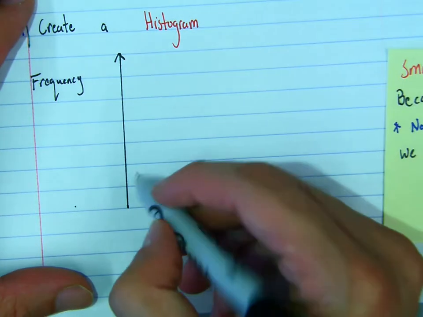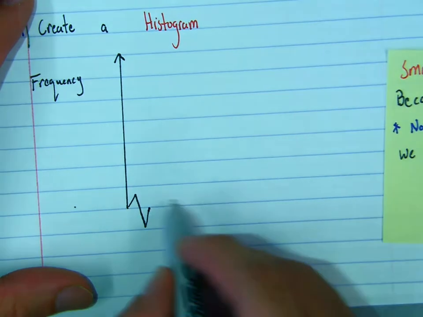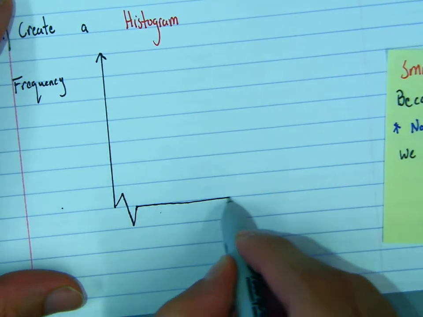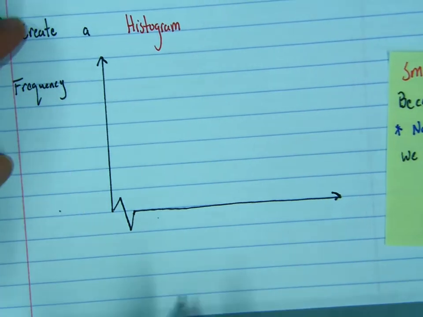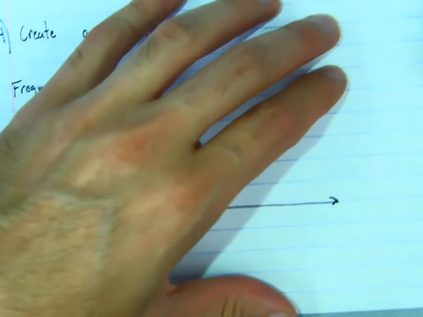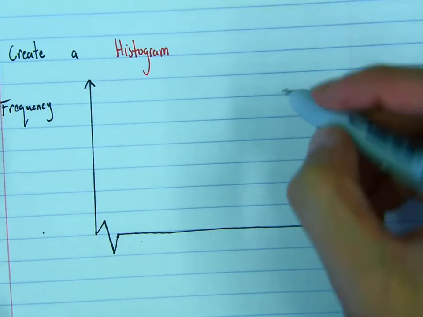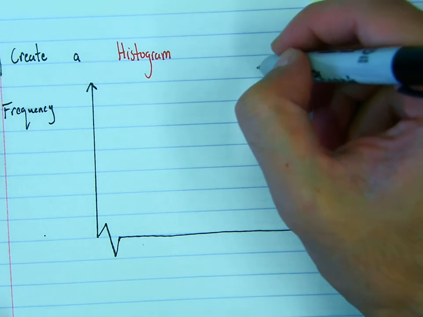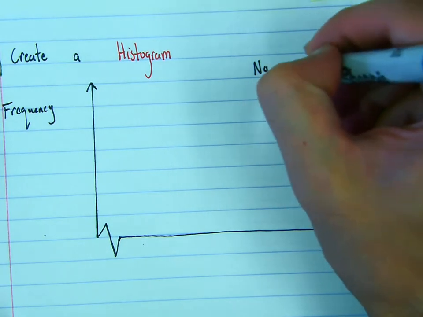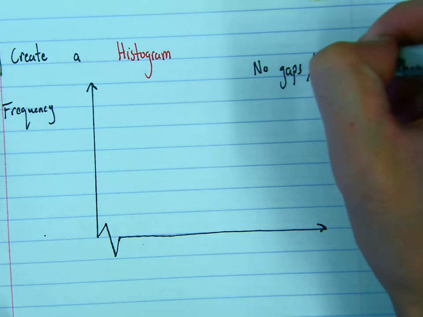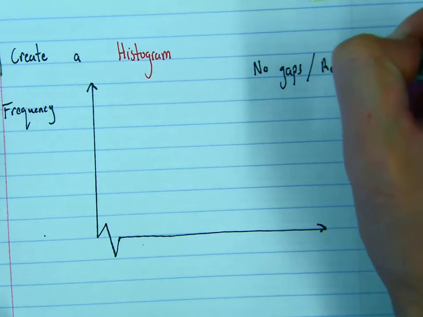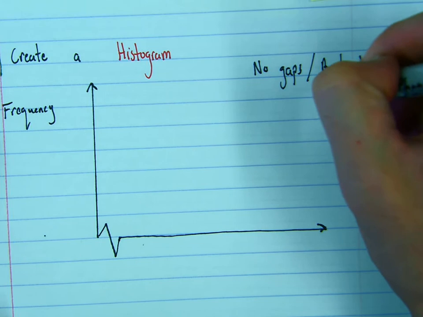So it has to go something like this, and then I create the line like this. Here you could be very specific with your ruler, because what were some key notes within the histogram? You have to have no gaps, and the rectangles must have equal width.